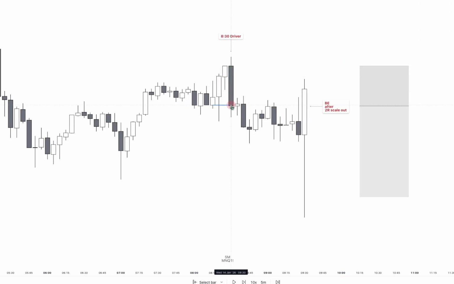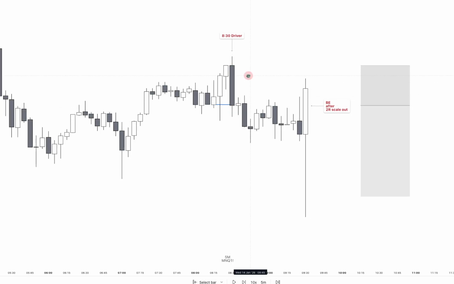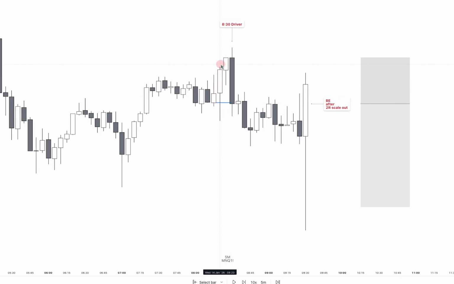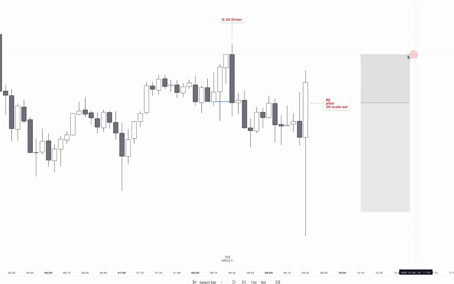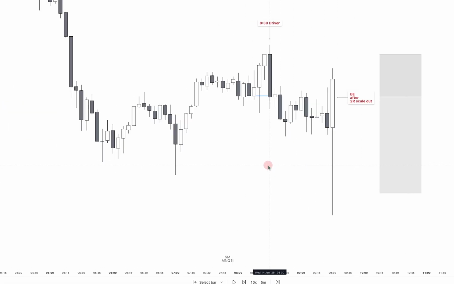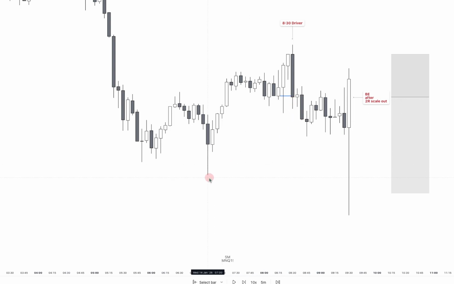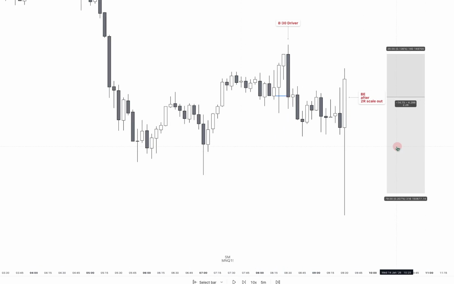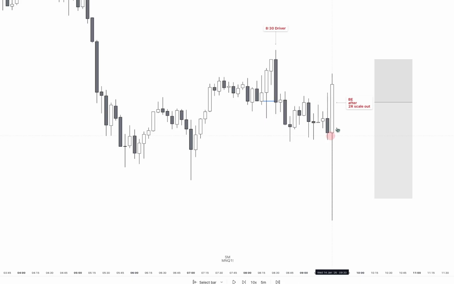And the driver gave me direction, a close below the series of up close candles, which creates an SMT. That's when I enter. That was my trigger, my confirmation to enter for short. I enter here. My initial target is always 2R, so that's what I took. I took 2R, and then I went break even, and then I got stopped out at break even.